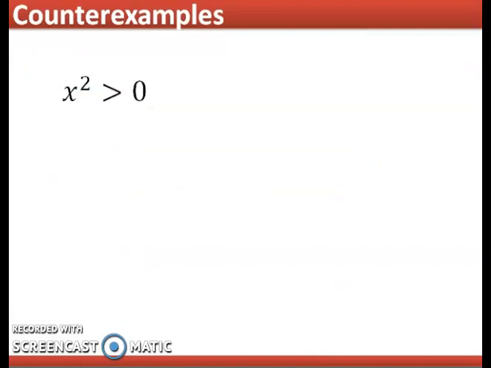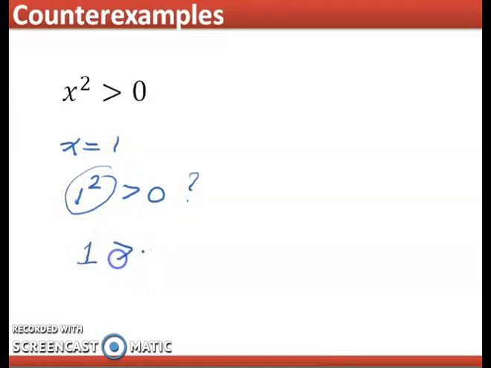Okay, next example: x squared is greater than 0. Let us try x equals 1. Okay, so if we substitute x is equal to 1, x squared will become 1 squared. Alright? Is it greater than 0? 1 squared is equal to 1, and is 1 greater than 0?